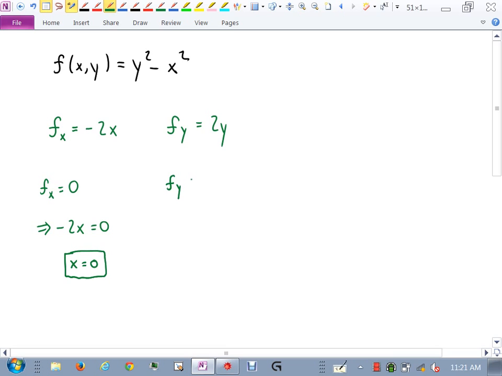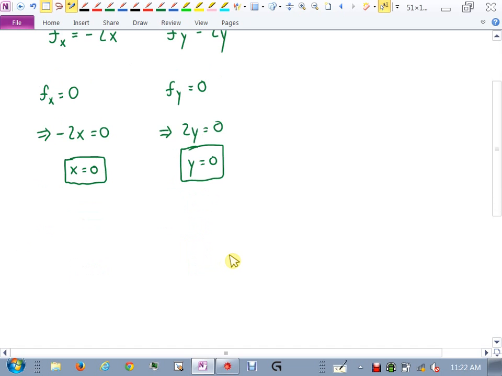Setting the partial with respect to y equal to 0 means that 2y must be 0, so y must be 0. So the point that I have, my AB in this problem, is the point 0, 0. That's my AB. Now I need to compute D.